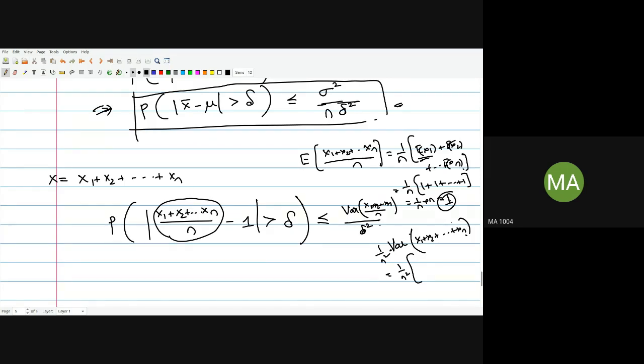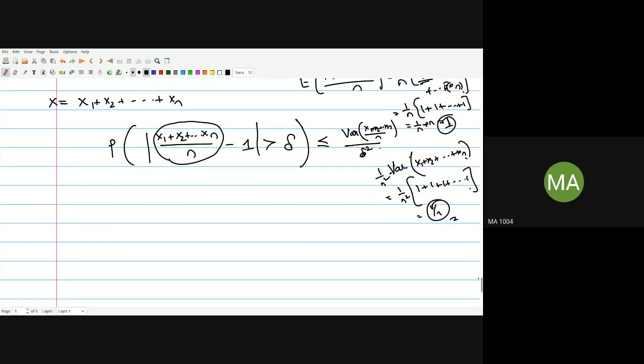All the variances are again 1, so that will be 1 plus 1 plus and so on, n times, giving us 1 by n. So finally, the probability that |x bar minus 1| is greater than delta is less than or equal to 1 by n delta square.